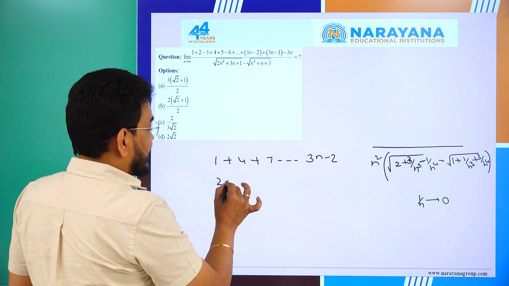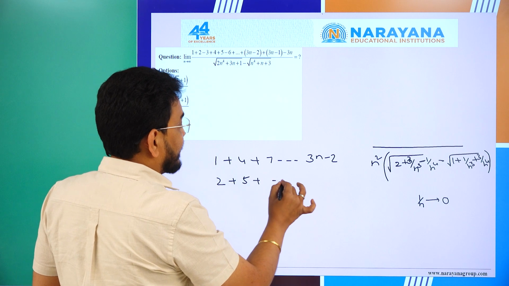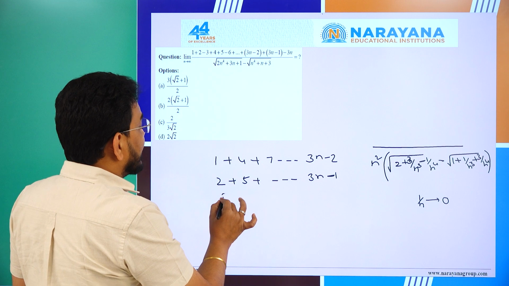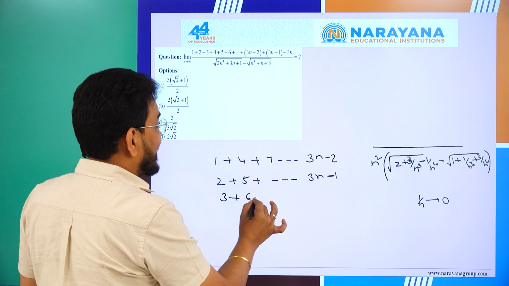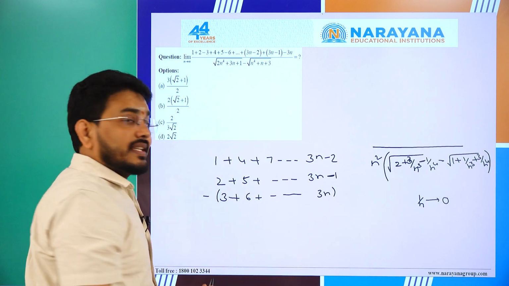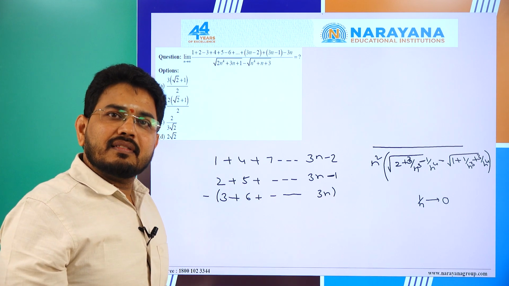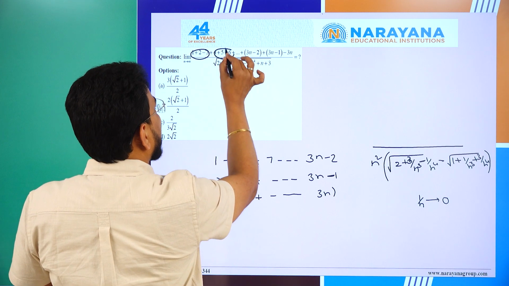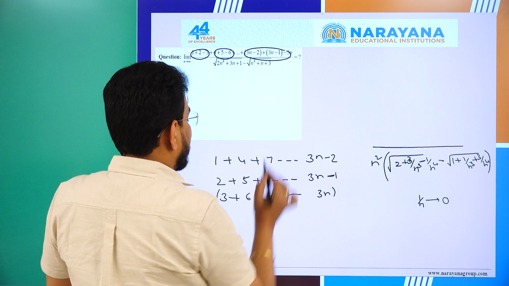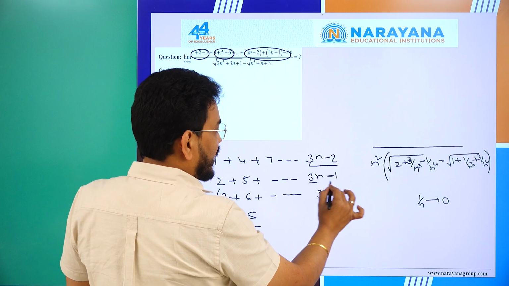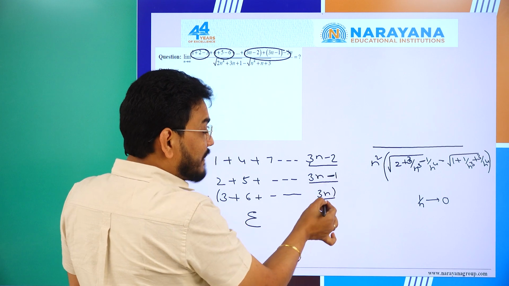Second terms, if you take second and fifth, etc., this is 3n minus 1. Next one is 3 plus 6 plus etc., 3n, but for this one minus sign is there. Or if you look at every 3 terms as one part, you will be getting summation 3n minus 2, 3n minus 1, minus 3n.